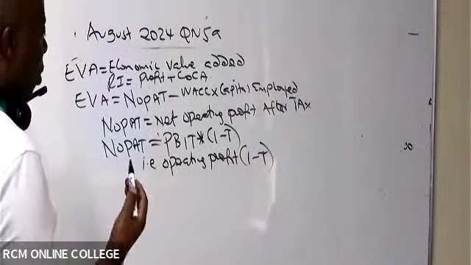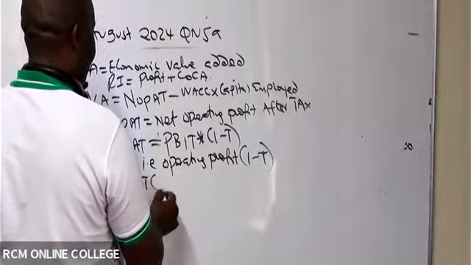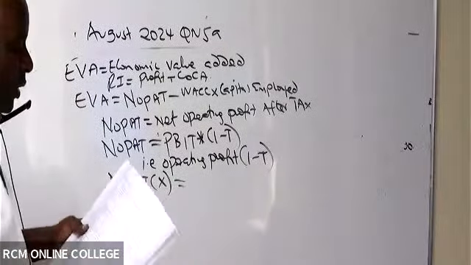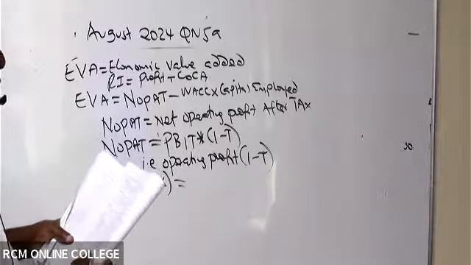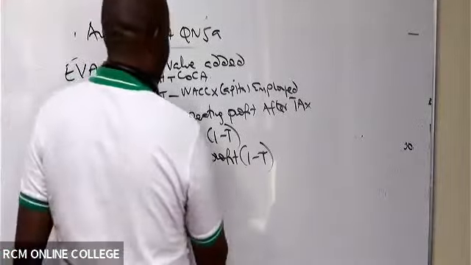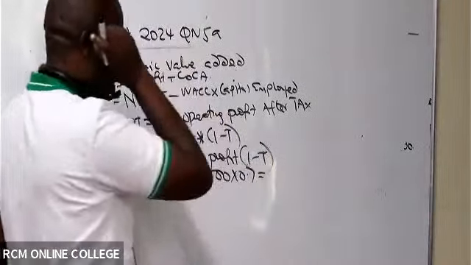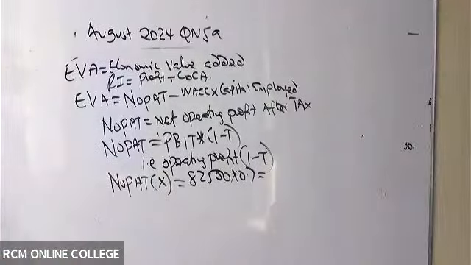Now they don't give us NOPAT for X, but fortunately they have given us the operating income for X, which is 82,500. 82,500 times 0.7. I'm sure you haven't yet seen where I got 0.7 from.